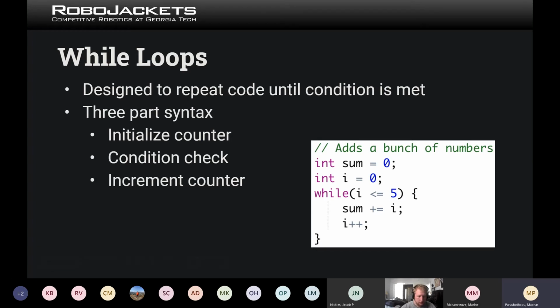Here we have to set those ourselves. So in the beginning of the while loop, before it actually starts, we initialize i to 0, and then for every loop at the end we have to increment i by 1, and this will essentially do the same thing in this case as the for loop before.